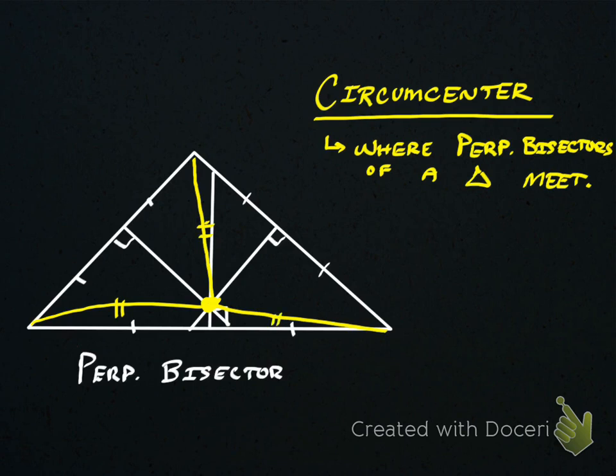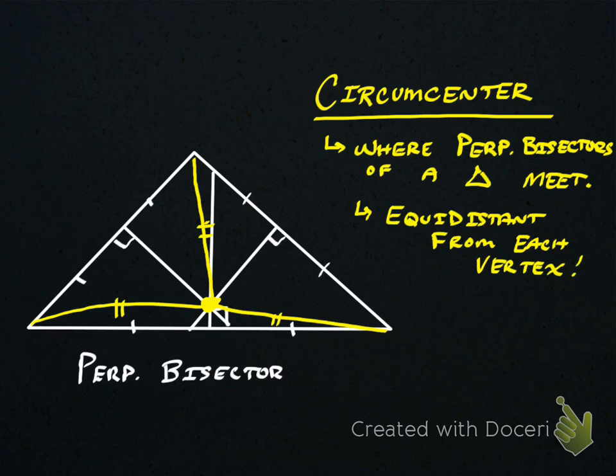The circumcenter, where those perpendicular bisectors meet, is equidistant from each vertex.